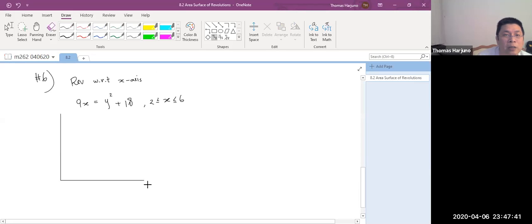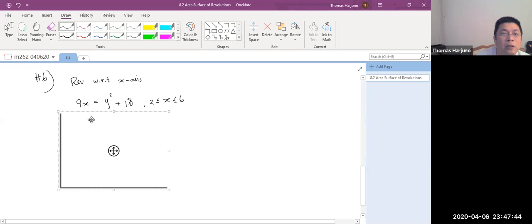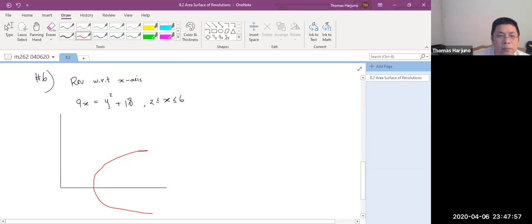So again, let's say this is our coordinate system, and let's say this is the curve. I think the curve actually looks like this, quite similar to this. It looks like that, where the vertex is 18,0.